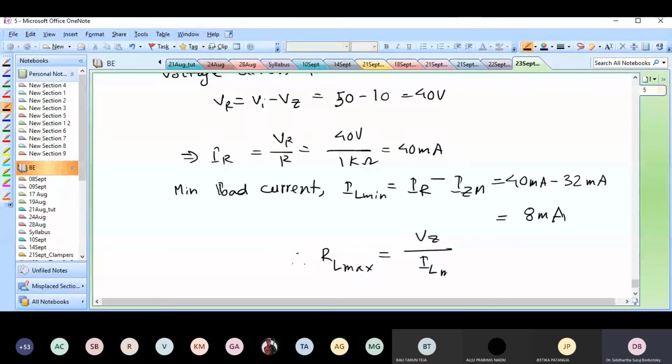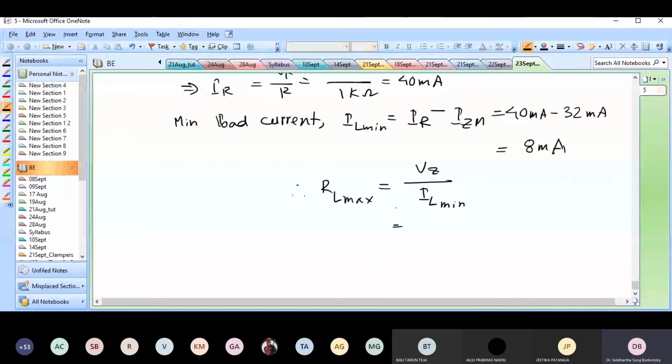What is VZ? VZ is 10 volts as given, and this is 8 milliamperes. So that is 1.25 kilo ohms.